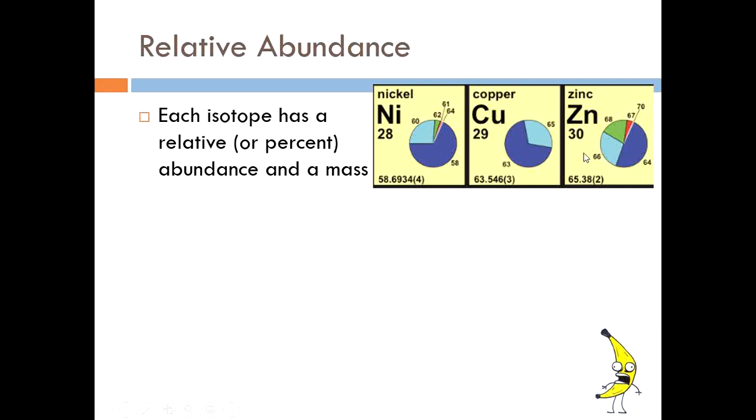And notice the atomic mass, 65.38. Which number is it closest to? It's in between 64 and 66, right? And keep in mind that the most abundant isotope is 64, and then the next one is 66, so it makes sense that the average atomic mass of zinc is 65.38.